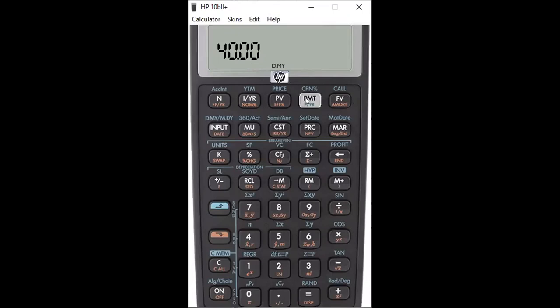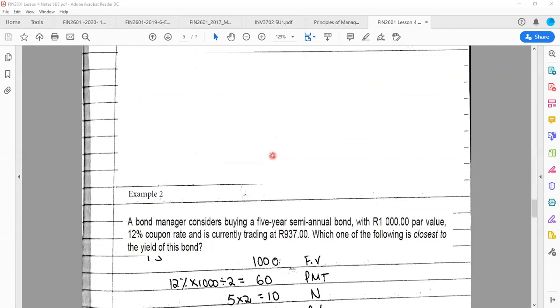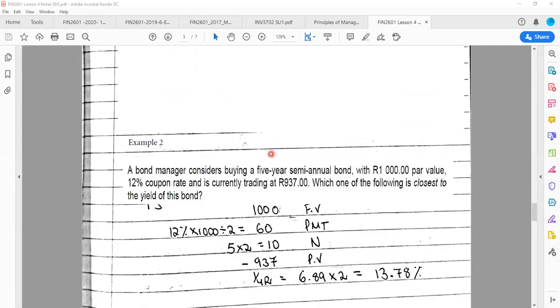So we put that 40 as our PMT. 3 times 2 gives us N, the 6, and then the yield to maturity divided by 2 gives us 5, and then PV we get 949.24. Okay, so that's how you would get the price of the bond. If it's monthly, you would remember to adjust by dividing by 12, multiplying by 12, dividing by 12, and so forth.